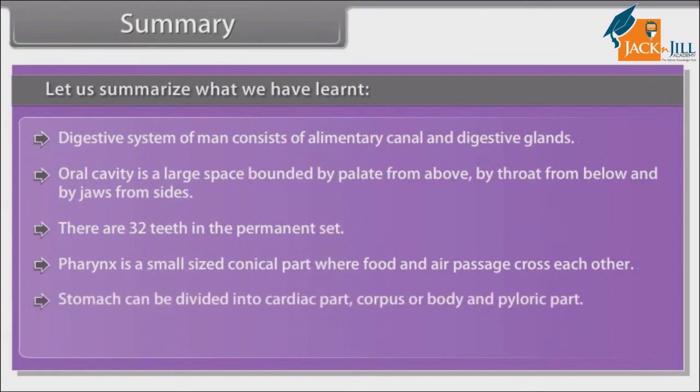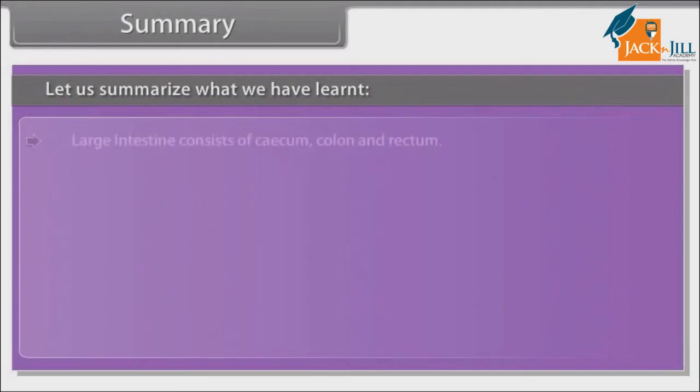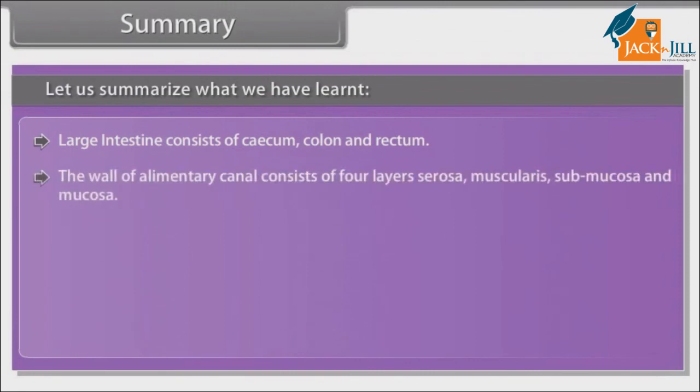Stomach can be divided into cardiac part, corpus or body, and pyloric part. Small intestine consists of duodenum, jejunum, and ileum. Large intestine consists of caecum, colon, and rectum. The wall of alimentary canal consists of 4 layers: serosa, muscularis, submucosa, and mucosa.